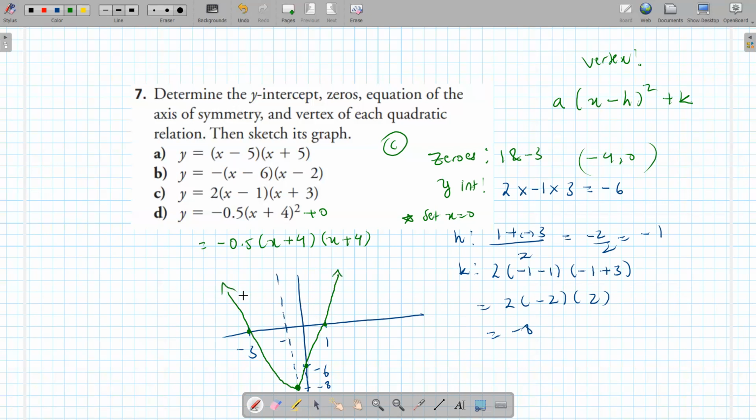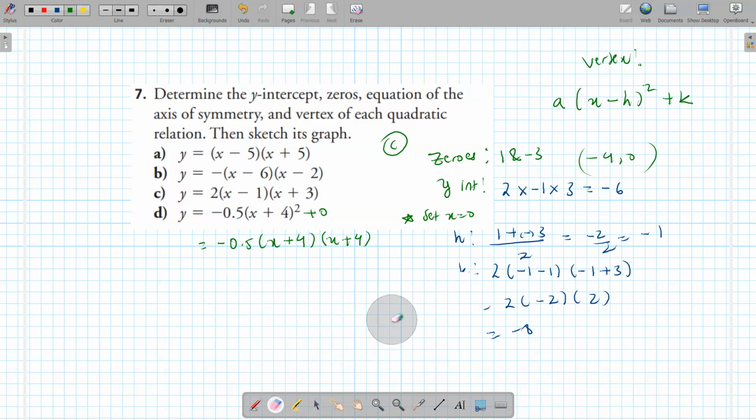What about D? What's the x-intercept of D? Look at this equation. What's the x-intercept? Just flip the sign.